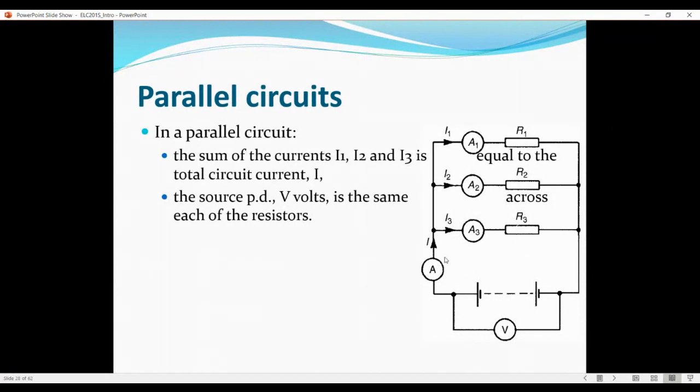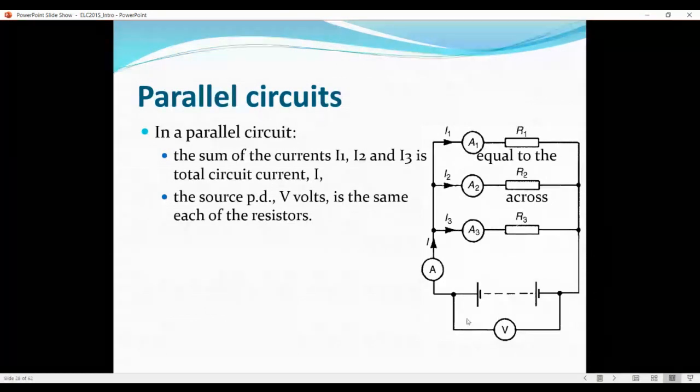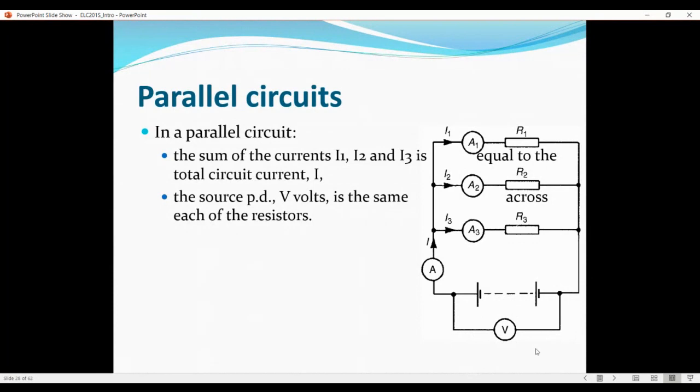We know that I, the total current, is the sum of the individual currents. For students who want to understand electricity flow in particular, always think of it as water in a pipe. Think of voltage as a pressure source, like a water tank.